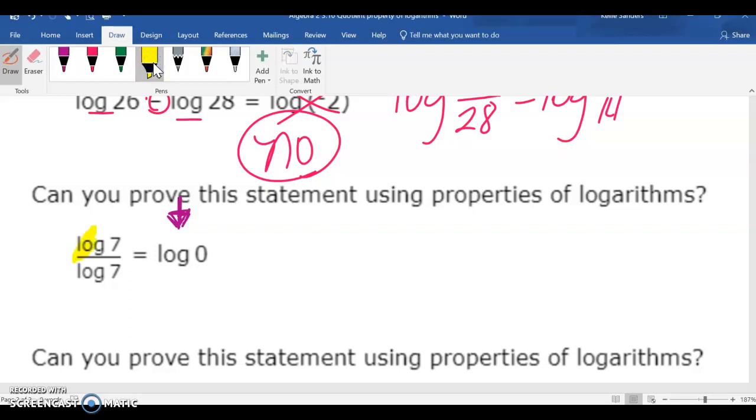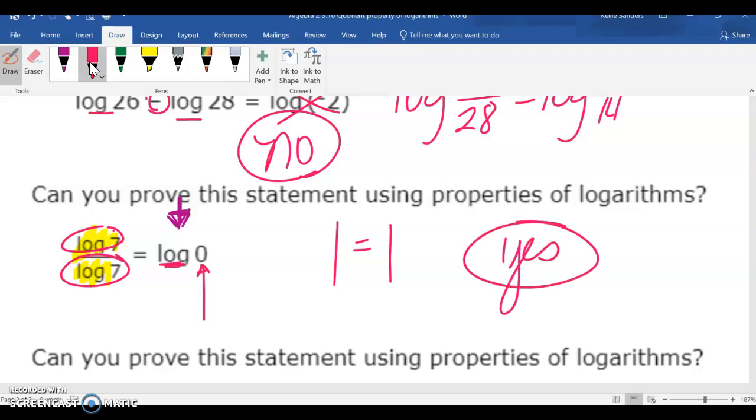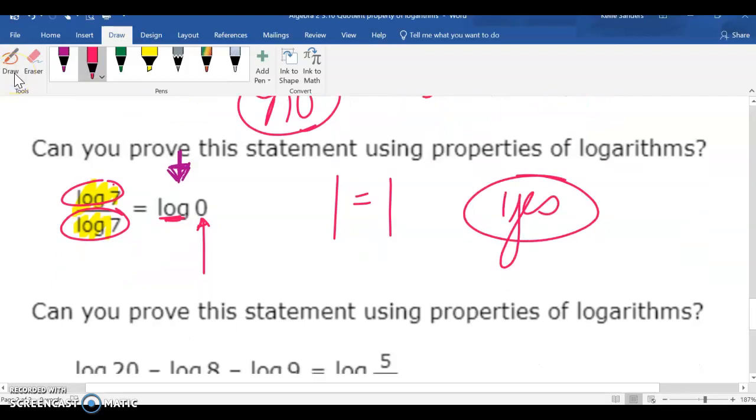So if I have log 7 over log 7, anytime I have the same thing over the same thing, what does that equal? They cancel out, right? It doesn't go to 0. It goes to 1. So on the left-hand side, that is 1. Anytime this number is 0 and there is a log in front of it, your answer is also going to be 1. So yes, the left does equal the right, so we can use the properties. We can prove it.